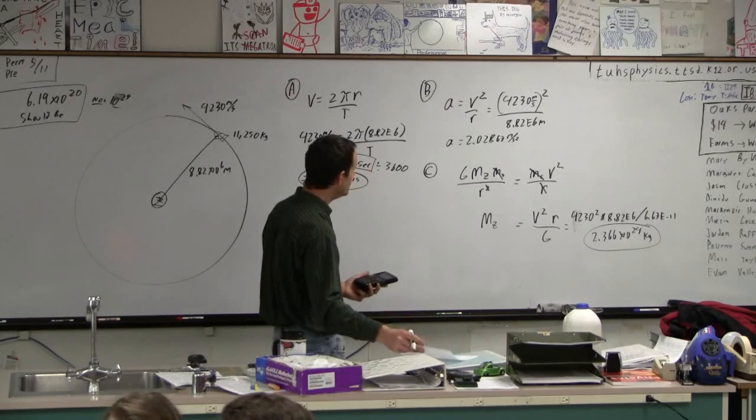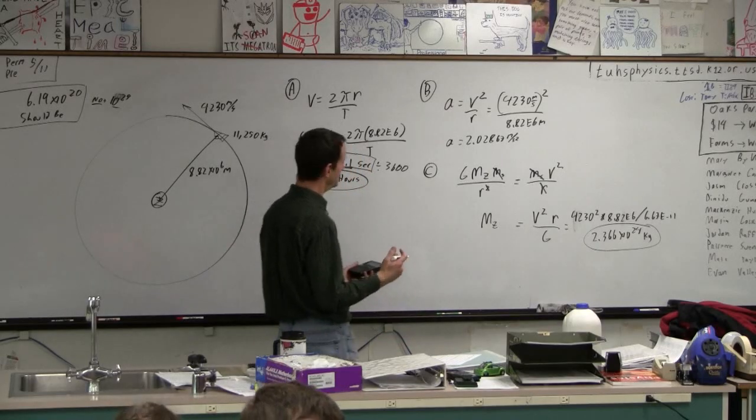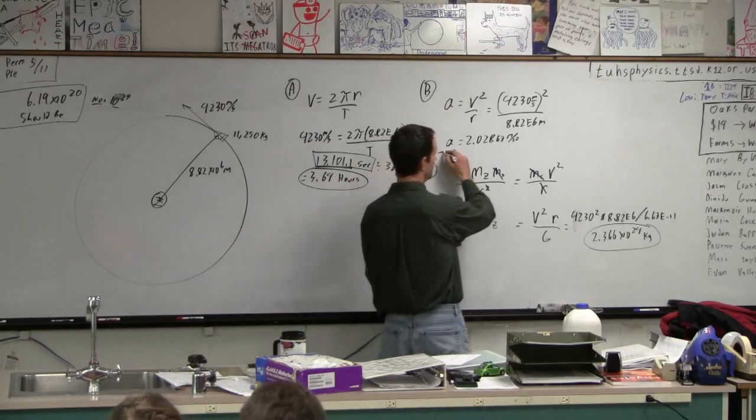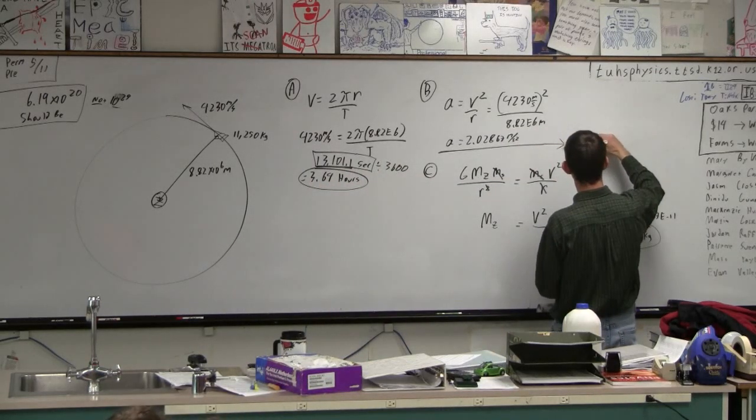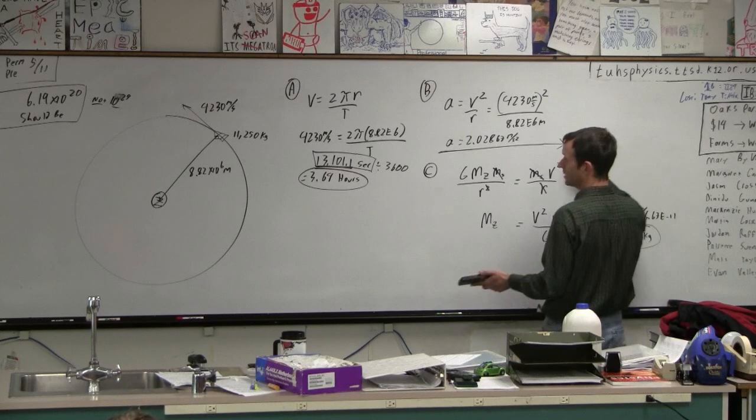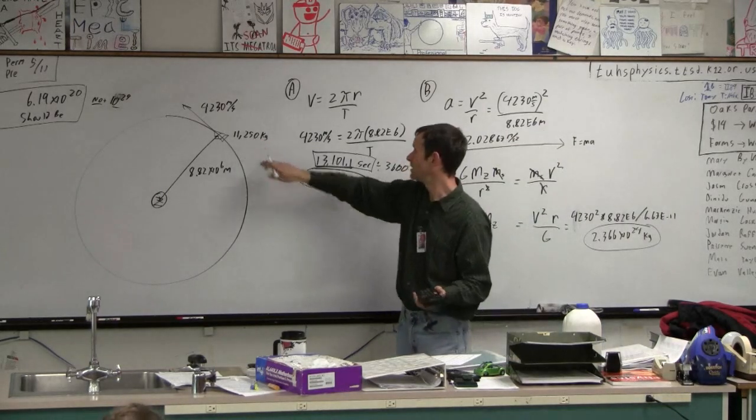Here we are. If you wanted to, you could have also solved C this way. You could have also said that the force is MA, right? And used the ship's mass, right?